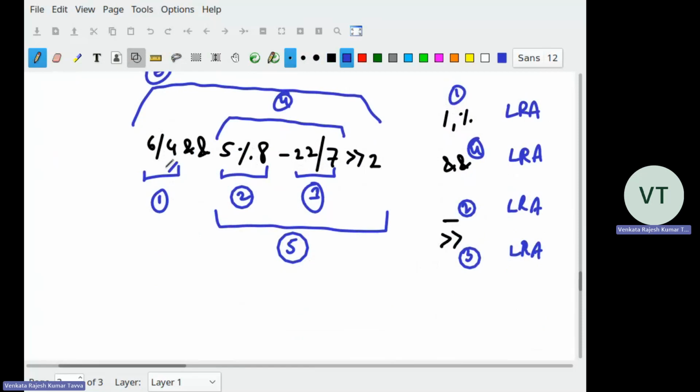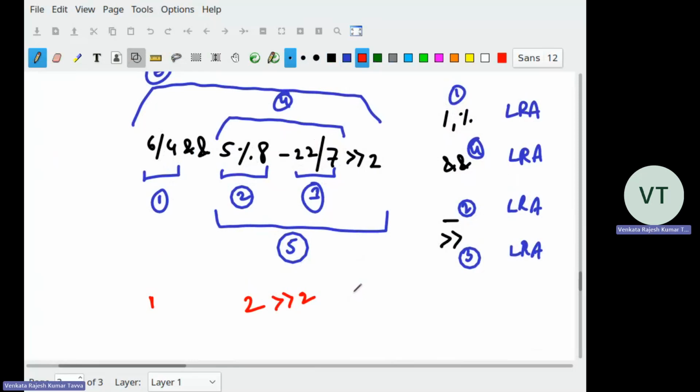So first 6 by 4, what is the value? 1. Good. And then 5 mod 8, 5. And then 22 by 7, 3. Now what should we do? Subtract 5 and 3. 5 minus 3 is 2. And then right shift, so 2 right shift twice. Right shift means what?